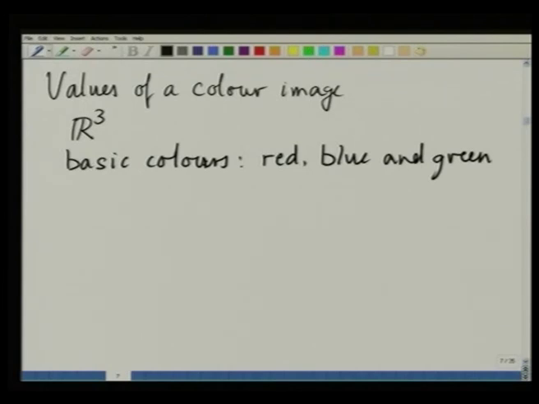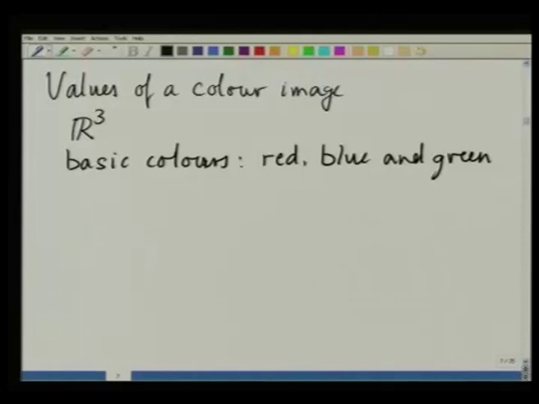This therefore means that in order to label a color properly, in order to represent a color accurately, we need to specify 3 numbers. The 3 numbers would essentially be the amount of red, the amount of blue and the amount of green that have gone into making that color. Thus, a color value would actually be a 3-dimensional vector consisting of the quantities R, G and B.